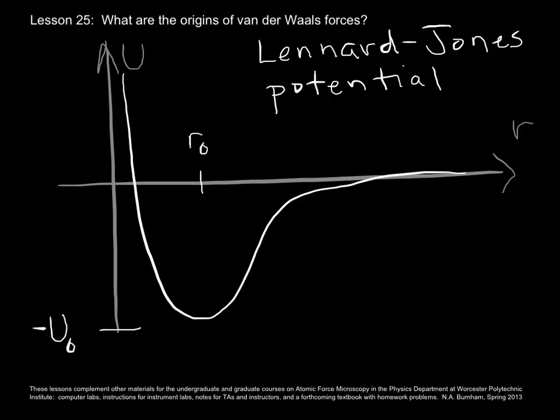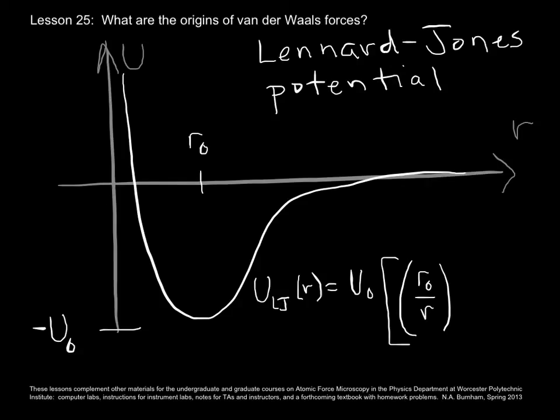The equation for this is that the Lennard-Jones potential as a function of r is equal to u0 times the quantity r0 over r to the 12th power minus 2 times r0 over r to the 6th power.